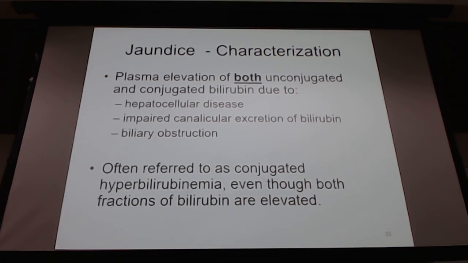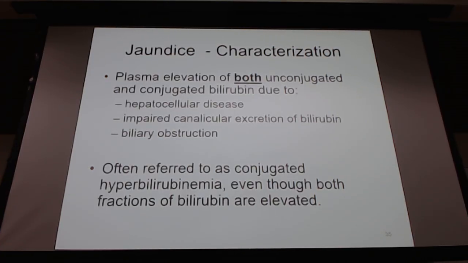And then we can have both unconjugated and conjugated bilirubin. Typically, like I said, hepatocellular disease, but it can also be lack of excretion or biliary obstruction. Again, these can kind of run together. If you do have an obstruction, you're doing damage to the liver, so you need to be careful about that.